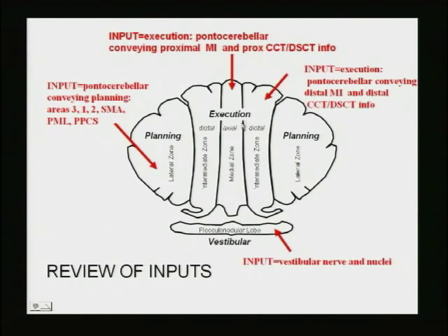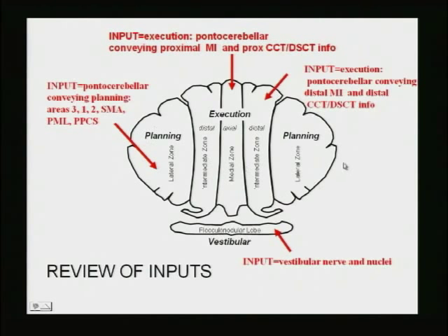Now when we talk about the medial zone, again, we're talking about execution, pontocerebellars, but the pontine gray projecting here conveys information from M1 about proximal muscles, okay? And then the dorsal spinocerebellar and cuneocerebellar information coming up via the inferior cerebellar peduncle conveys information about proximal musculature. When we talk about the flocculonodular lobe, the input is the vestibular nerve and vestibular nuclei.